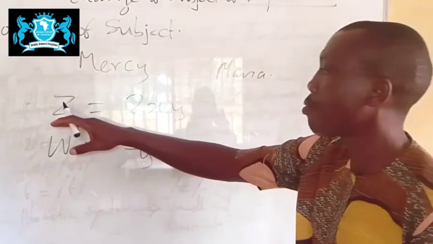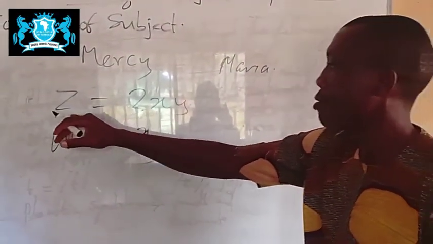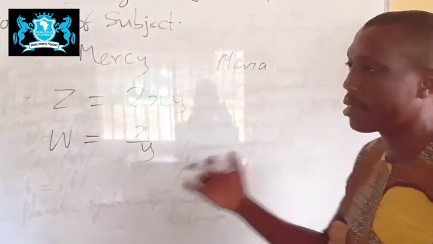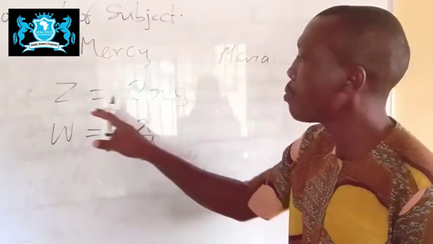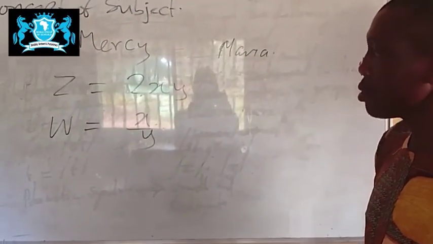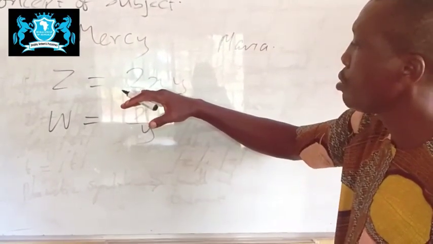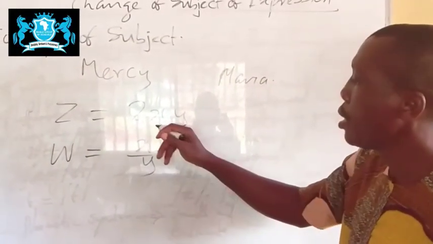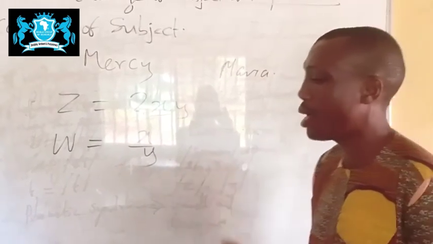For instance, this first one still on the board, whereby we have z equal to 2xy. The question can say, make x the subject of the expression, meaning change the subject of the expression from z to x. Step 1 is to identify the target variable. Here, the target variable will be x. You mark it and note it behind your mark.